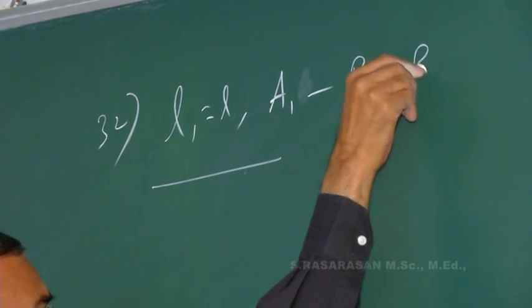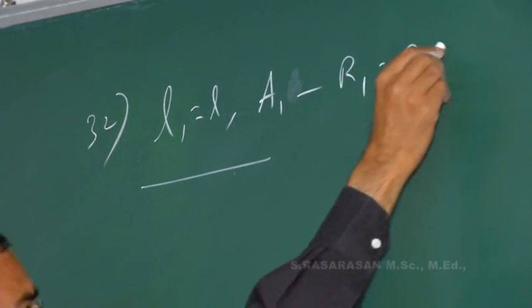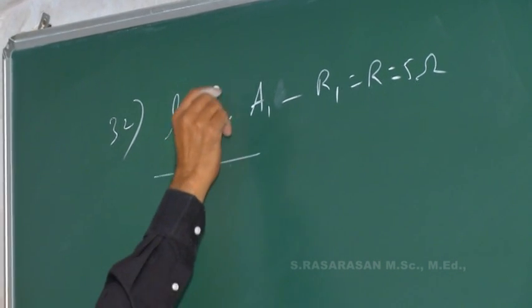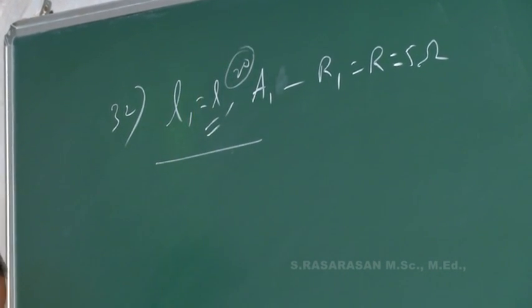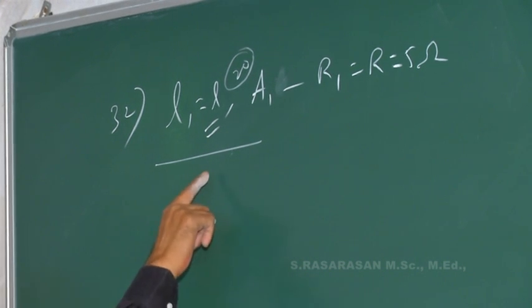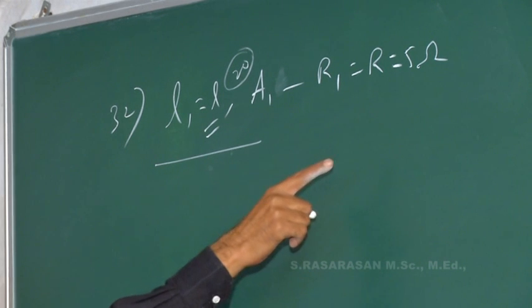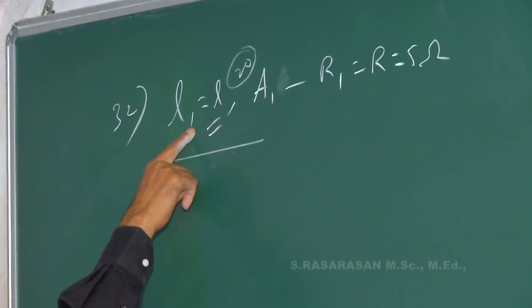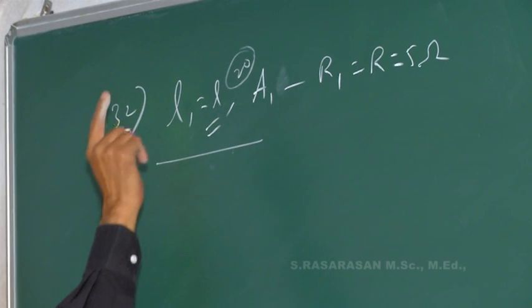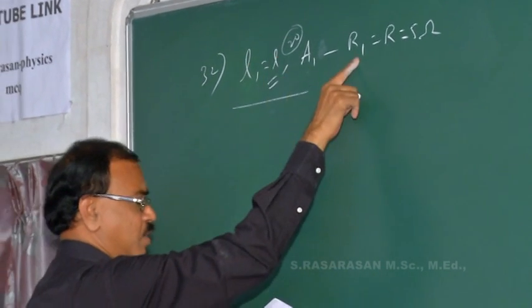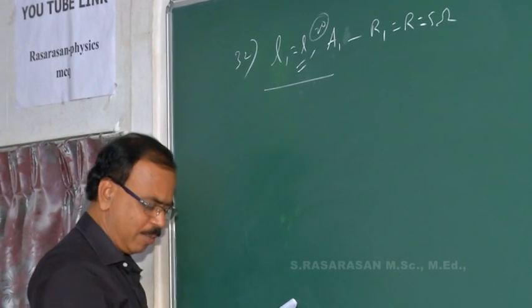That R1 is R, equal to 5 ohm, and L is given as 20 centimeter. Let L1 be the initial length, which is equal to L, 20 centimeter. At that time the cross sectional area is A1, whose resistance is R1, nothing but R, which is 5.